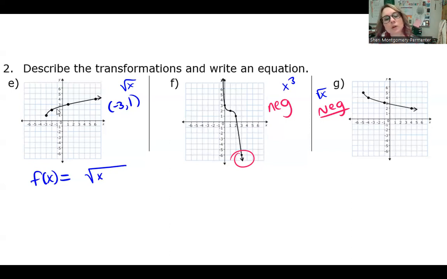It would not be over one, up one. So nothing goes in front of the square root. Inside the square root, everything in the x grouping is opposite. So the x part of my starting point has to be +3. After the x grouping, that's k, and k is what you see is what you get. So +1.